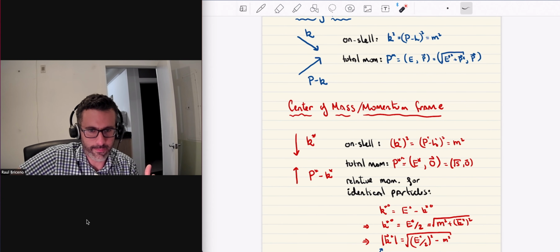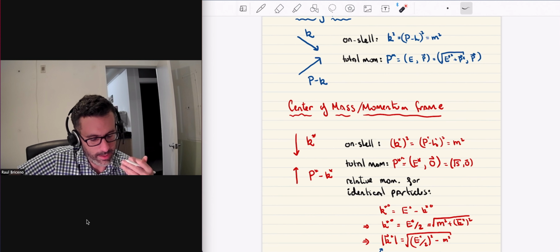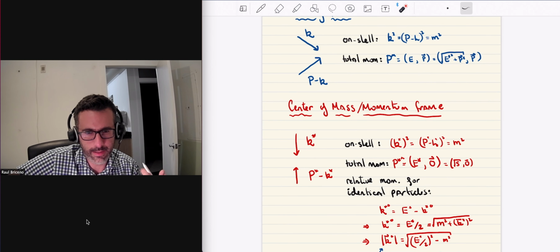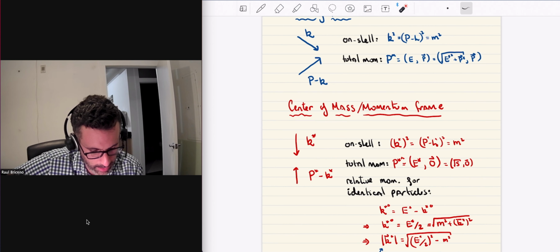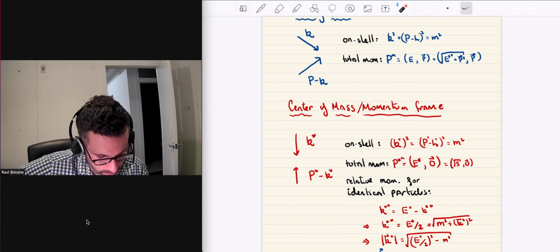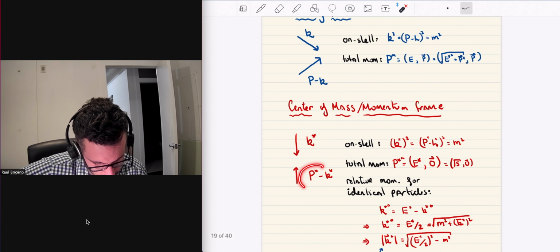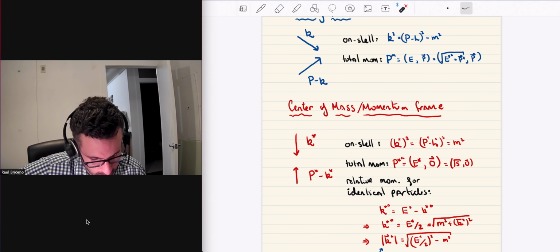It's kind of hard for me to distinguish between stars and complex conjugation, but you're going to know the difference from the context. So again, the on-shell condition is that k star squared is equal to this square, which is equal to a mass squared, because each one of these particles is a physical particle.